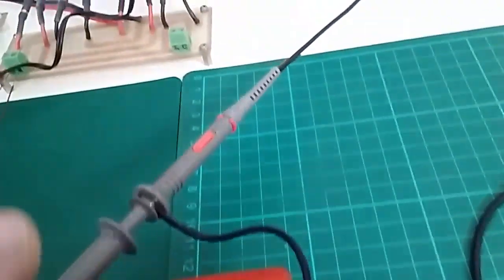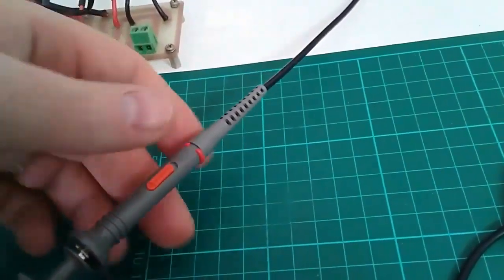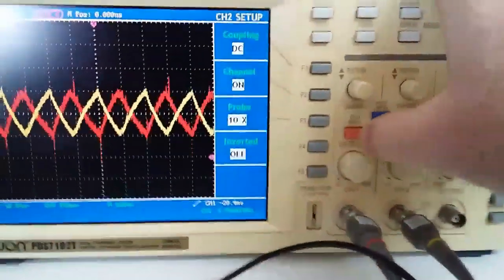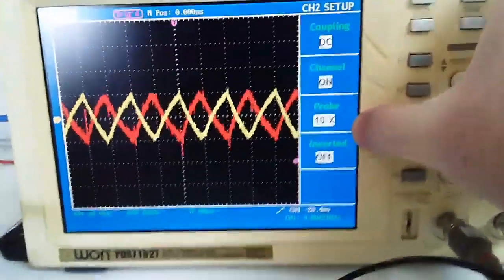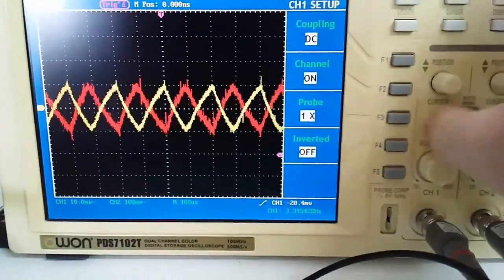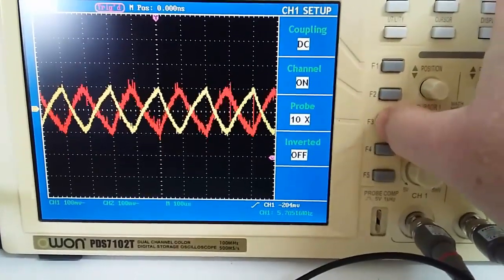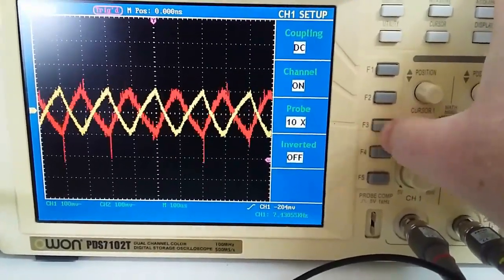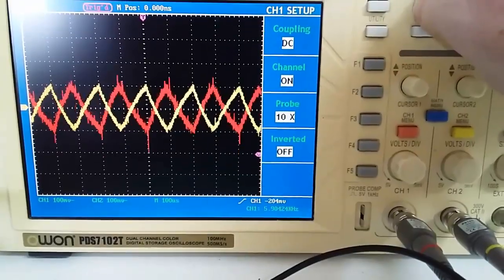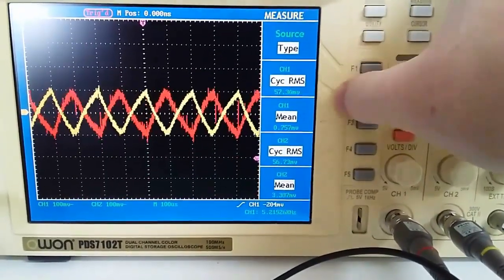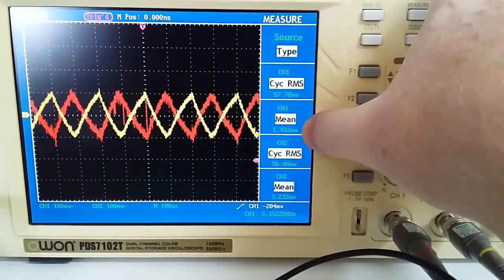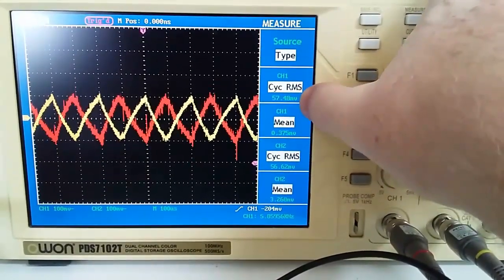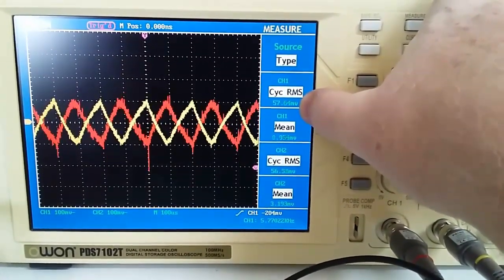Again, I've been through it before, so if we have the probe on 1 times, and we set our measurements on 10 times, which I need to do there, I always go one past it, then what we can do is take our mean or RMS as the current.